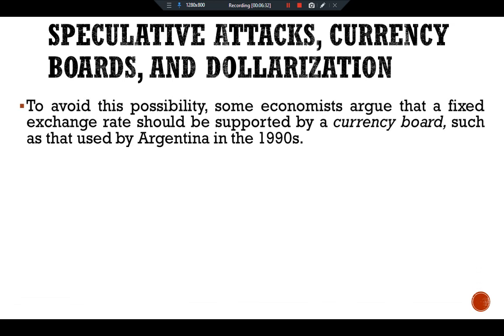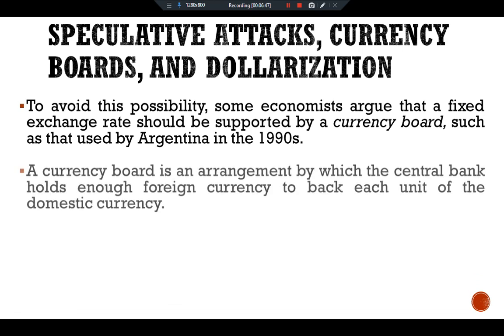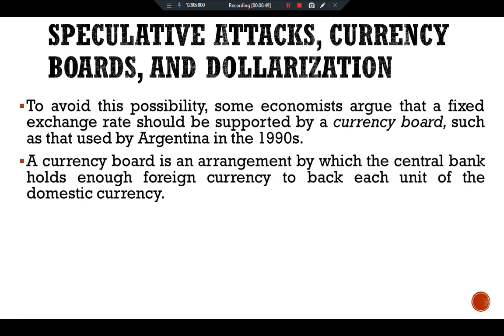Okay, to avoid this possibility, some economists argue that a fixed exchange rate should be supported by a currency board, such as that used by Argentina in the 1990s. A currency board is an arrangement by which the central bank holds enough currency to back each unit of the domestic currency.